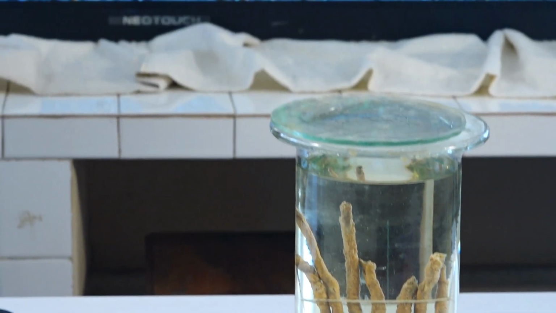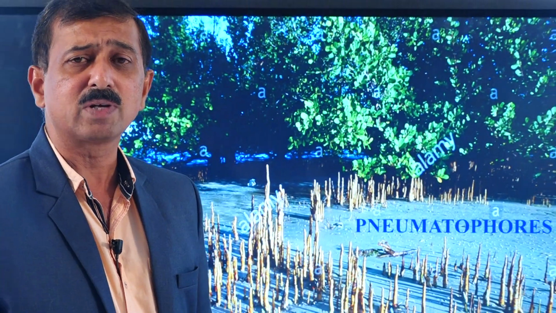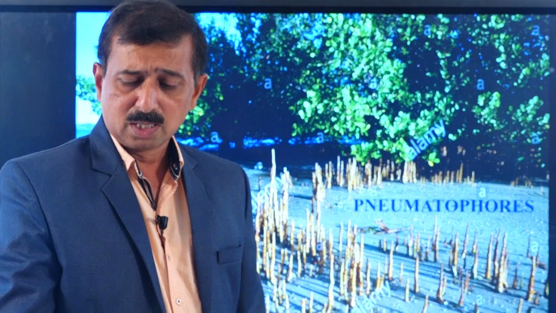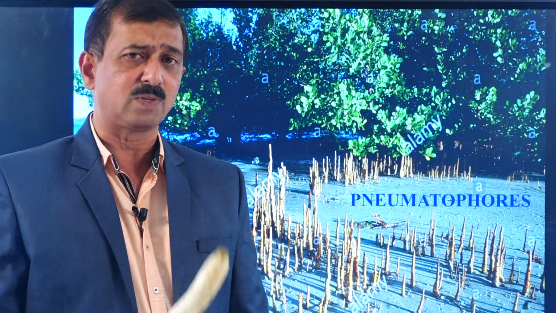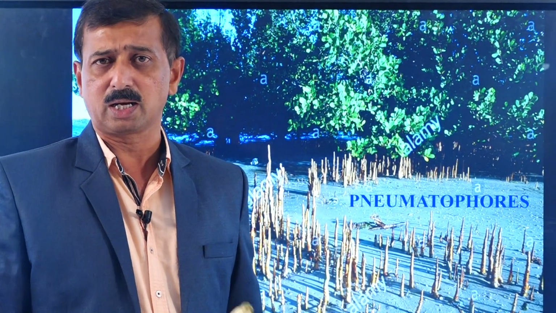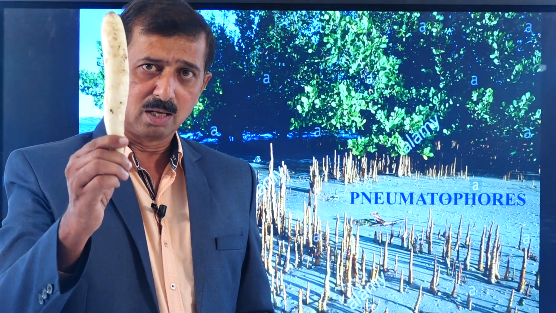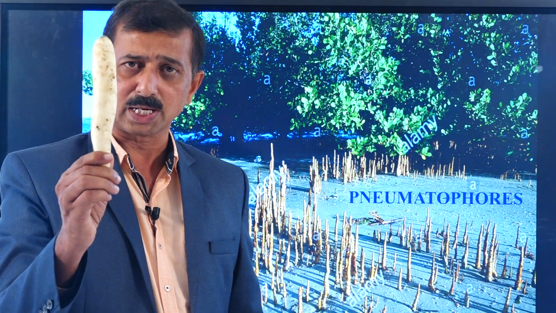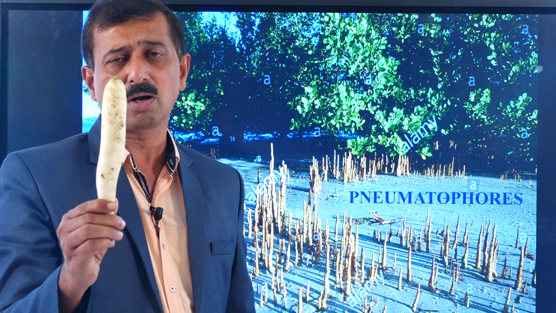Here the question in your practical is like this: identify the given specimen and comment on it. For identification, 1 mark. For example, if this is the specimen placed in your practical exam, the given specimen is a root modified for storage of food, example radish, that you have to identify.